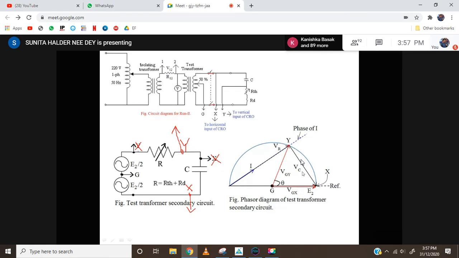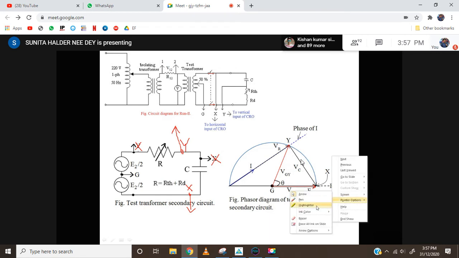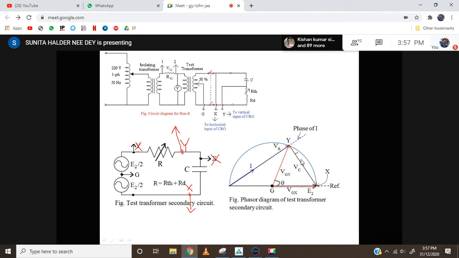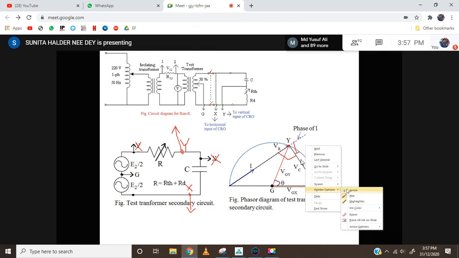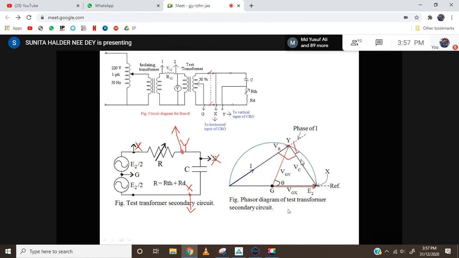So this angle will always be 90 degrees, right? That means the Y point will always lie on the semicircle. Have you understood this?